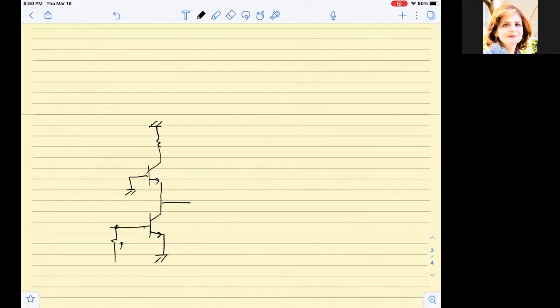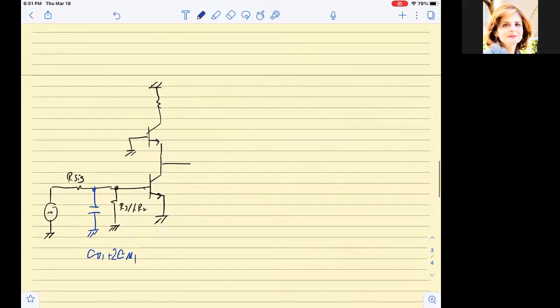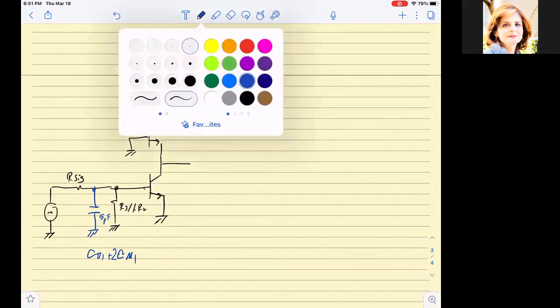Here I have R3 parallel to R2, right? And I had R sig and V sig, and I have the transistor, with the effective capacitance here, which is C pi 1 plus C mu2, and C mu1 came out here from the Miller effect. So this was 5 femtofarad, and this 5 picofarad, this 5 picofarad. What resistance does it see?